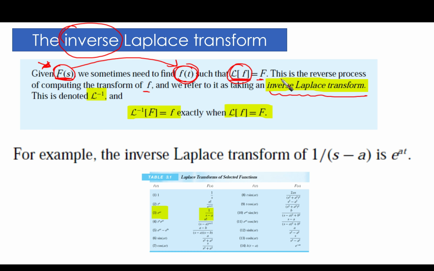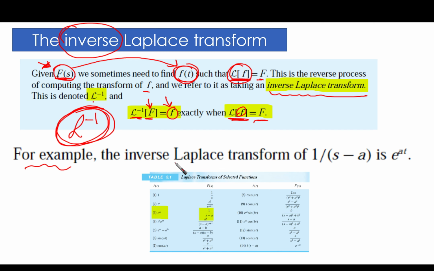The inverse Laplace transform. Okay, this is denoted as L raised to minus 1. Okay, this is the meaning of the inverse of Laplace transform, which means that the inverse of F capital here, take care, here is capital, would give us the small f, which is the lowercase f, exactly when the Laplace transform of the small f is F. For example, let's have an example here so that we understand how it works.